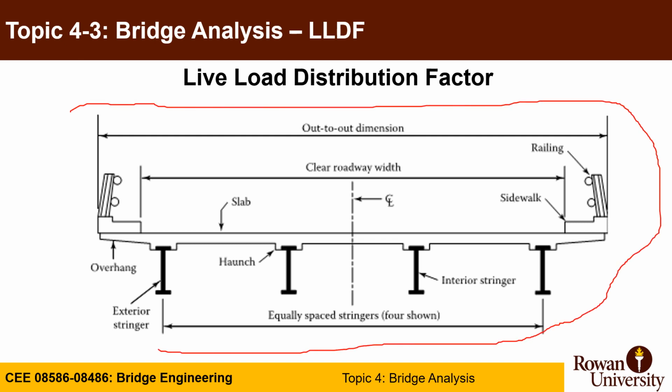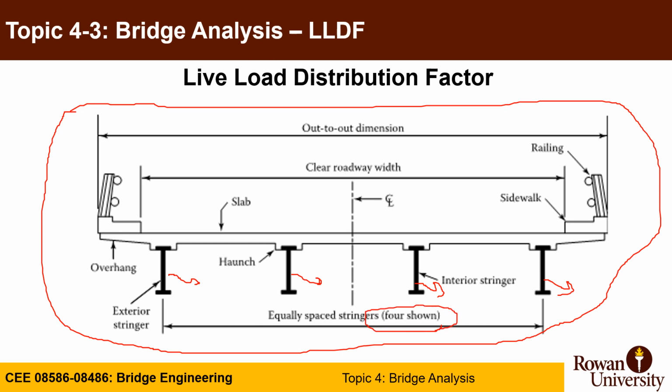In this cross section, you can see the main elements are the steel girders, which carry mainly the loads. They are equally spaced, in this problem 4 girders as shown with 3 spacings.